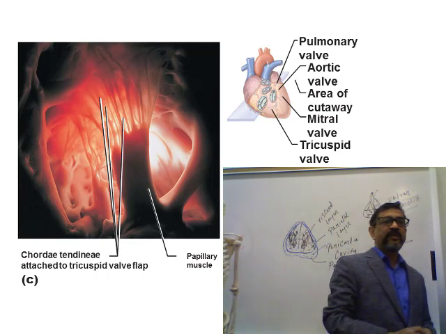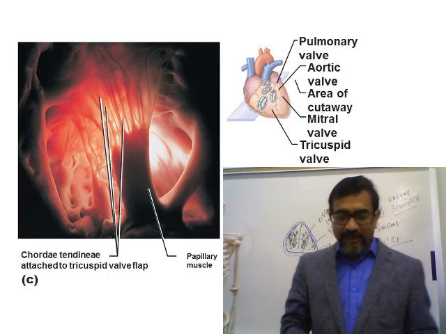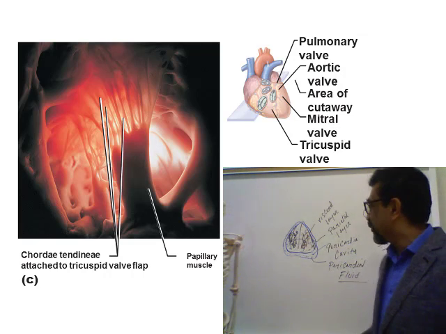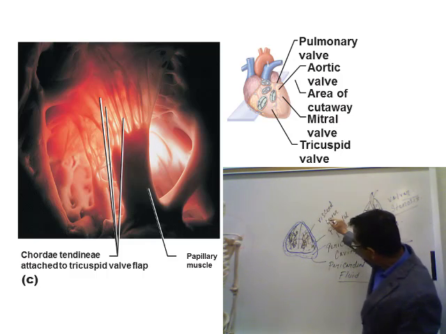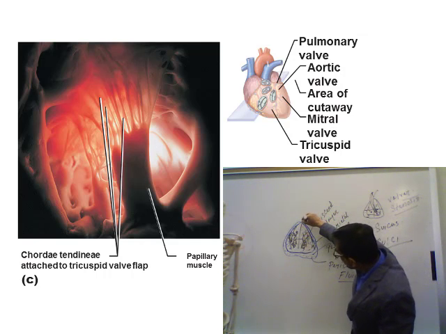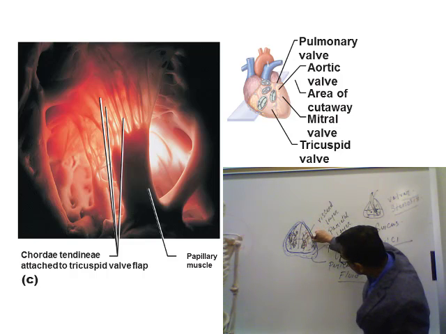So if now I see the wall of the heart, the outermost layer is a thin layer, which is actually visceral pericardium, right? The first layer I'll get is visceral pericardium. So that is called epicardium. You see that epicardium is a visceral pericardium.